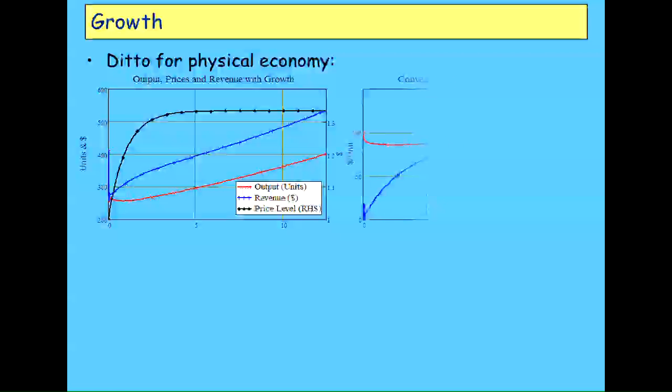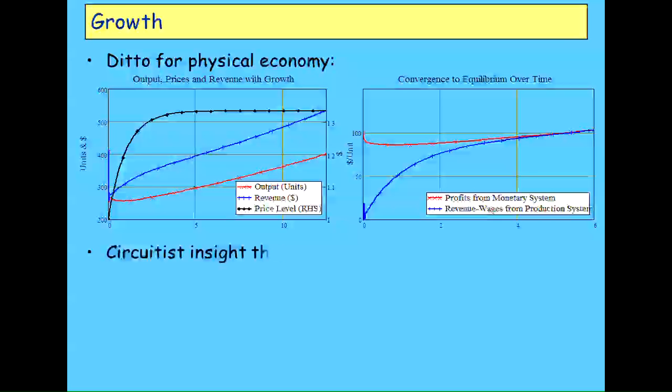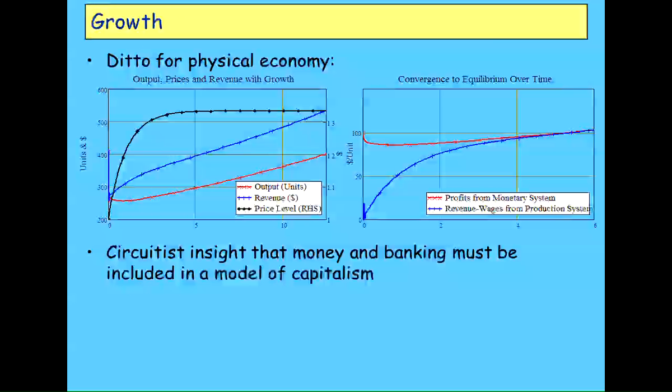And of course, the physical economy at the same time, which is being powered by this, is also growing. The number of workers hired is increasing, price level, as you notice, still stabilises. And you've still got all those convergence issues applying, but more over time than in a static non-growth system.